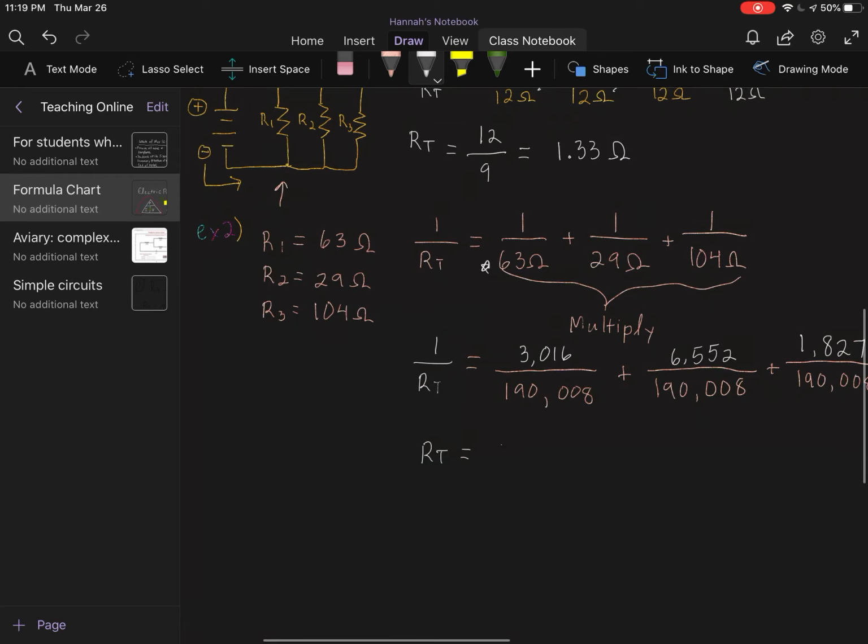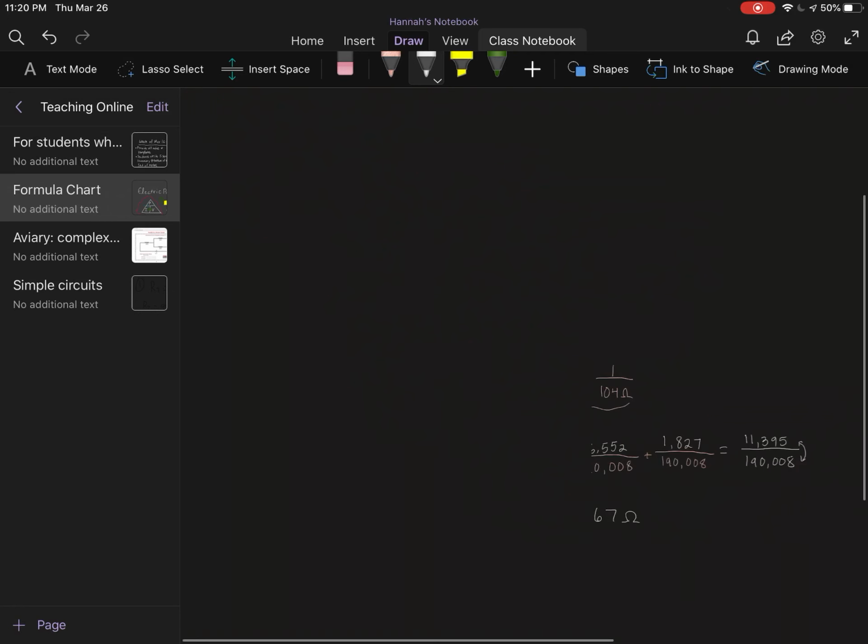My total resistance is going to be 190,008 divided by 11,395. And I end up getting, I'm going to round to 2 decimals, 16.67 ohms for my total resistance.